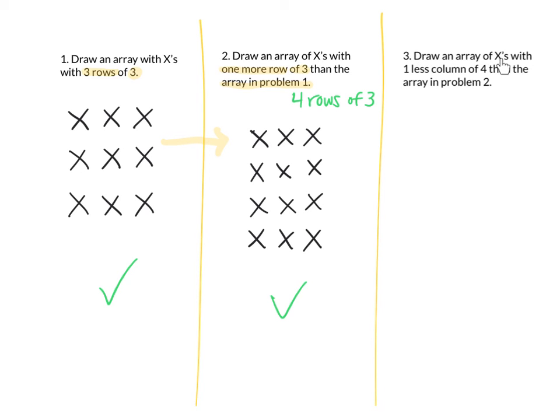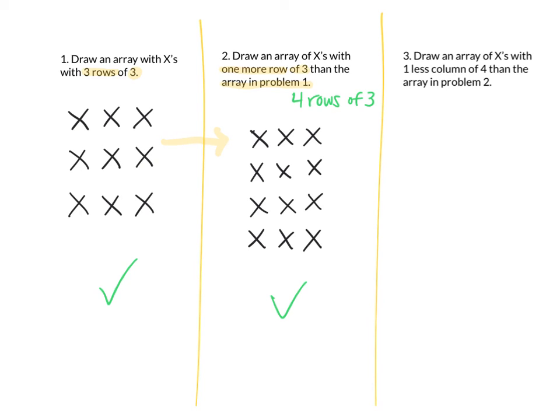Draw an array of X's with one less column of 4 than the array in problem 2. Okay, so they want us to look at problem 2, and they want us to draw an array that has one less column. One less means we're going to take away one of the columns of 4. So right now we have 1, 2, 3 columns. They want one less.